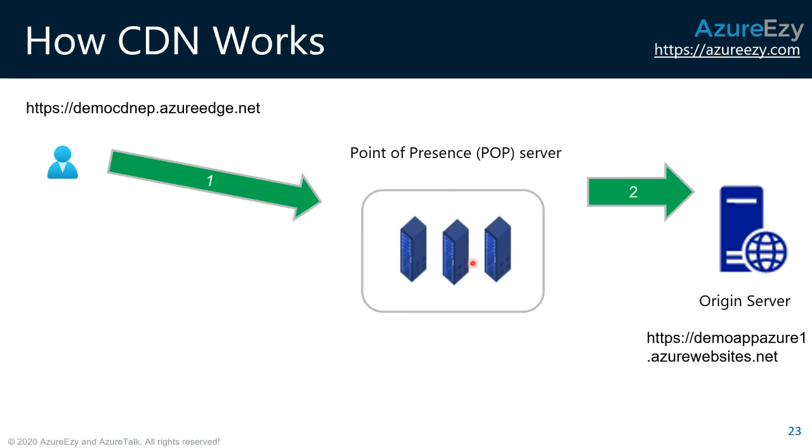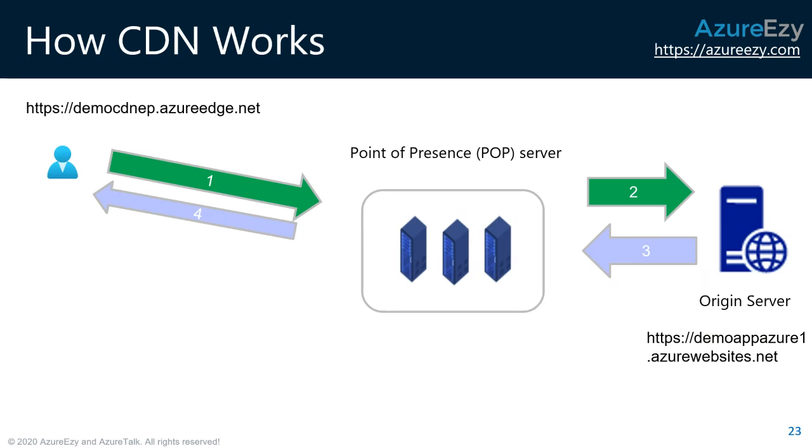If this point of presence server has it saved in its cache, it will revert back to the user. Because it is the very first time, this point of presence server will go to the origin server. This is my origin server. Once it has the content, it will cache the content in the POP and then revert to the user. So the user will receive this.